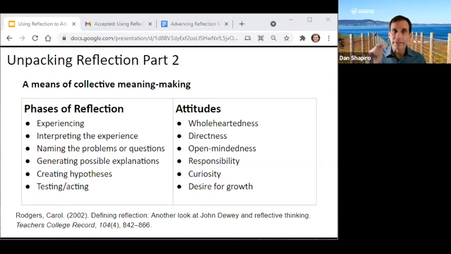Okay, so now with your mind in that place, in that memory, as Swarup was referring to earlier, I want you to think about these phases and attitudes as I read them, and just think about how they might apply to that context. And I'm just going to say the words. I'm not going to elaborate. Experience.